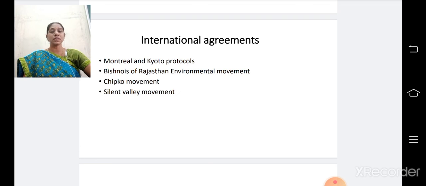Many NGOs struggled to stop this project. Later on, it was called off, and a national park came up in Silent Valley. Like that, different movements came to protect the environment. So this is about the conservation of environment.